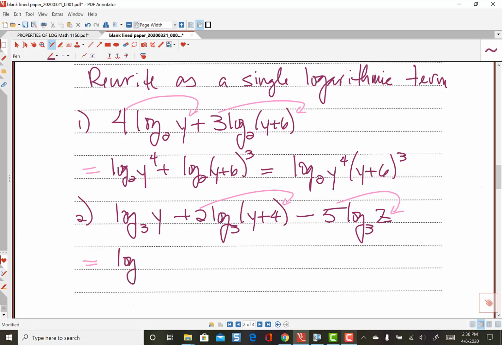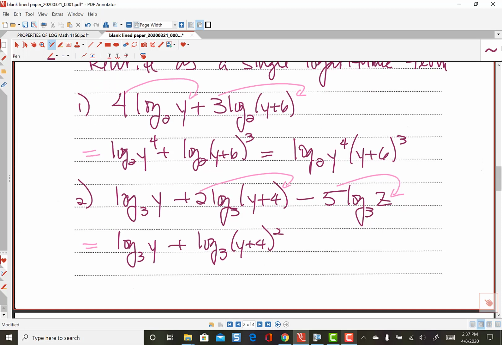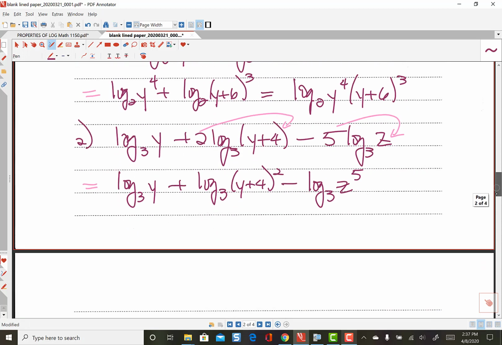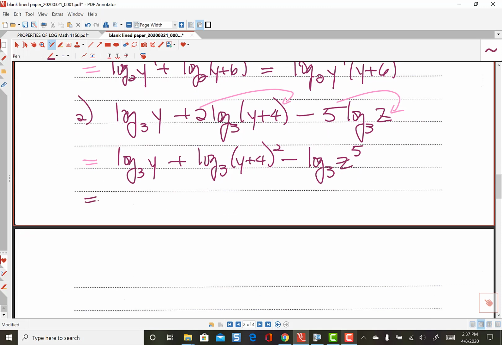So I'd have the log base 3 of y plus the log base 3 of y plus 4 squared minus the log base 3 of z to the 5th power. Okay, so let's see if I can squeeze it in here, single log terms. If you're adding logarithms, they go on top. So I'm going to have y times y plus 4 squared divided by z to the 5th.